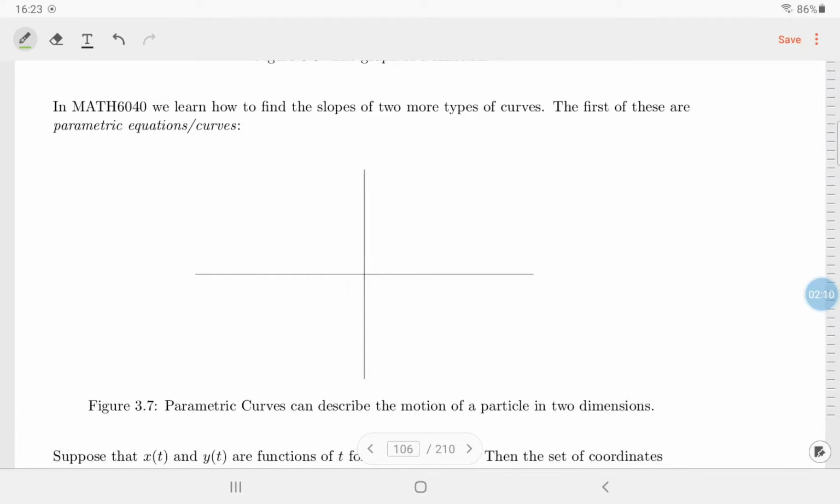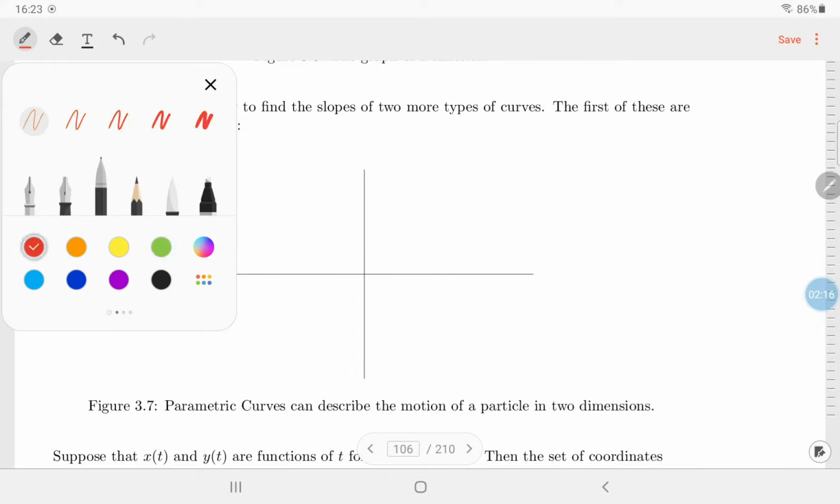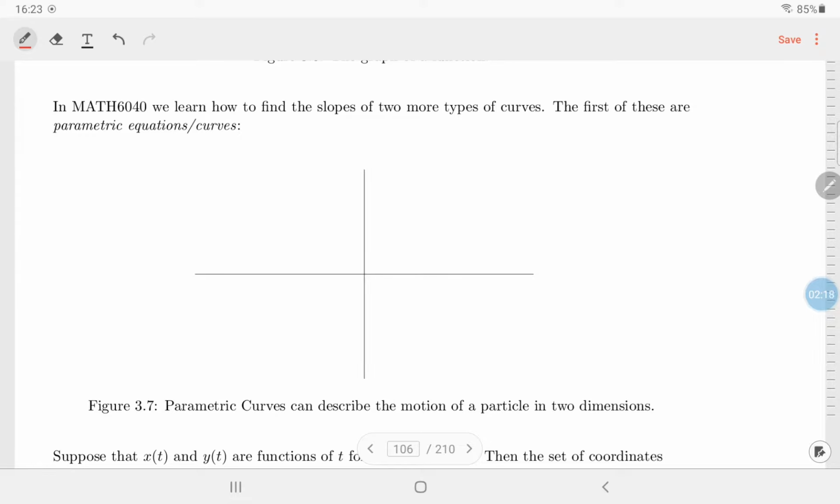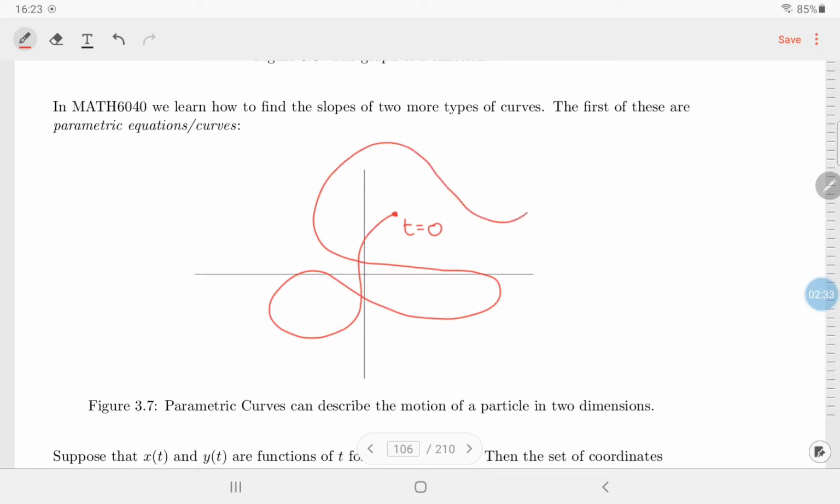So we're going to learn how to find the slopes of two more types of curves. The first one is what's called a parametric curve. What you probably want to think about is something moving in two dimensions, perhaps as a function of time. So we'll start here and we'll say this is time equals 0. So it'll be at this point. And just imagine it moving around, and it can intersect itself, it may close in on itself, or maybe not, or it can go off to infinity or something like that.